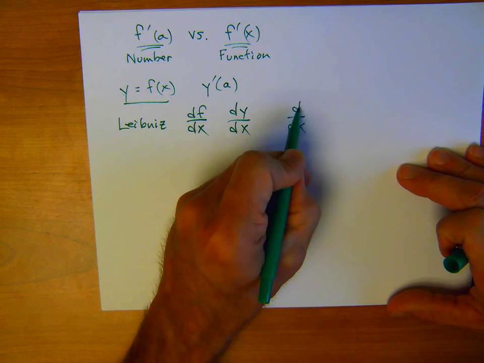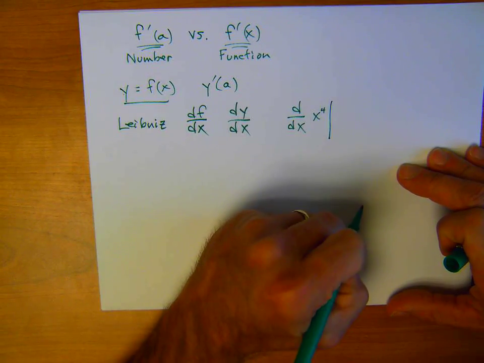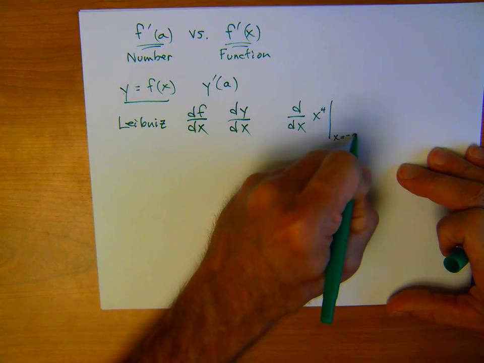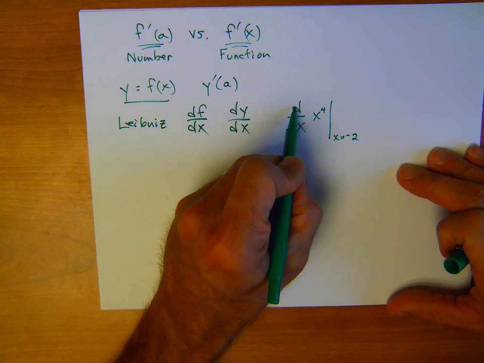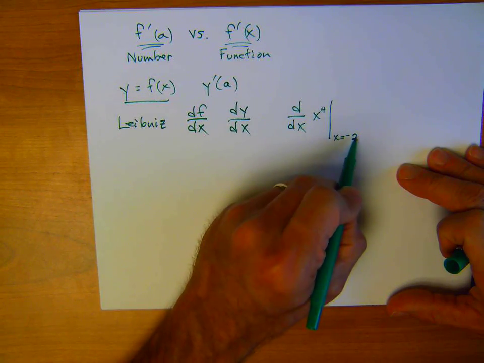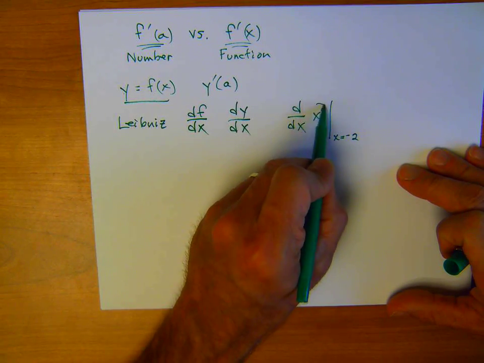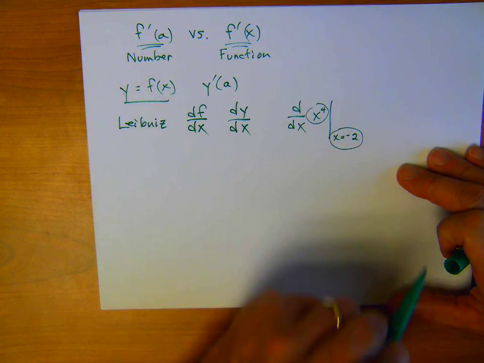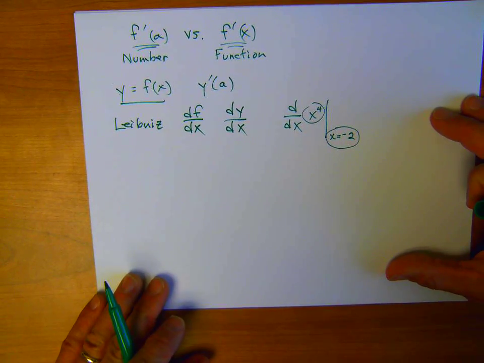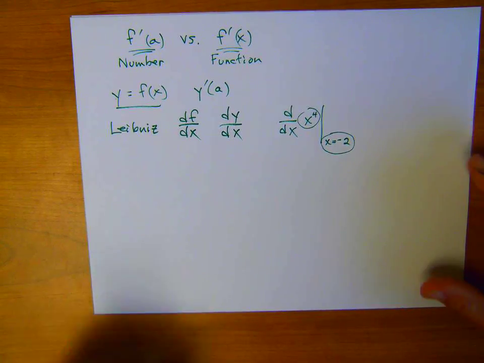The way you could read this is the derivative with respect to x of something like x to the 4th, and you might see a line with like x equals -2. So this says the derivative of x to the 4th evaluated at x equals -2. So this would give us the slope of the tangent line to this function at this point. All right. So just so you're aware of the different notations that you'll see in your text, I wanted to point those out.